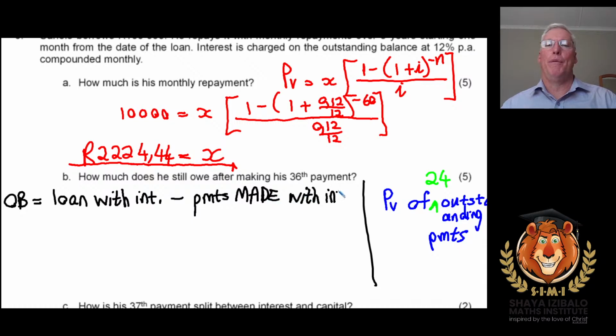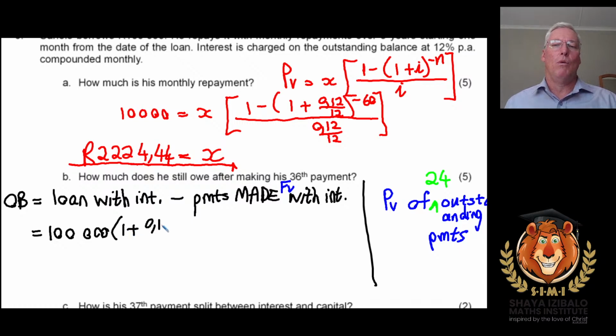The important thing to notice is that we're now talking about 36 months' time, so we're talking about a future value. We're going to take our loan and put on 36 months' worth of interest: 0.12 over 12 to the 36.